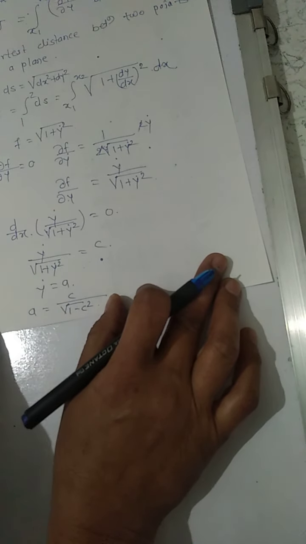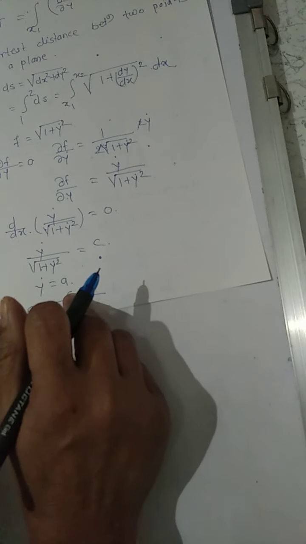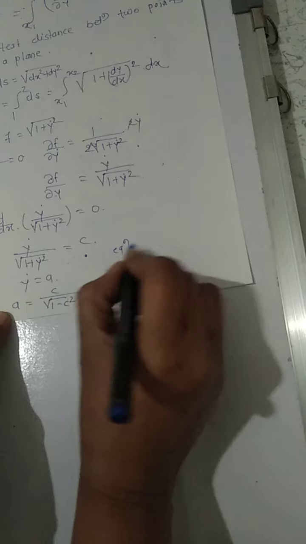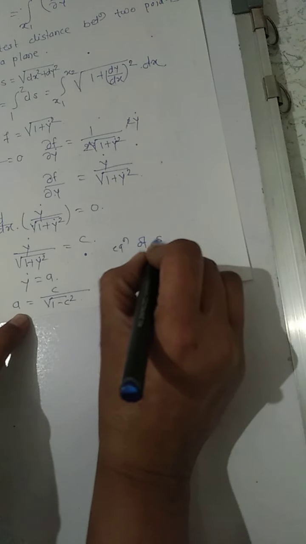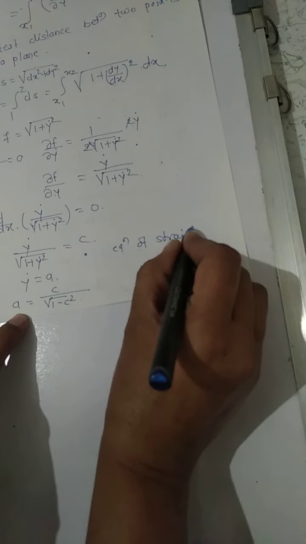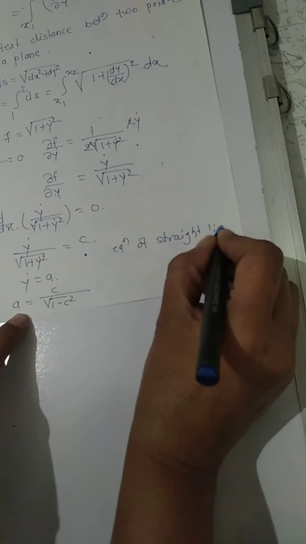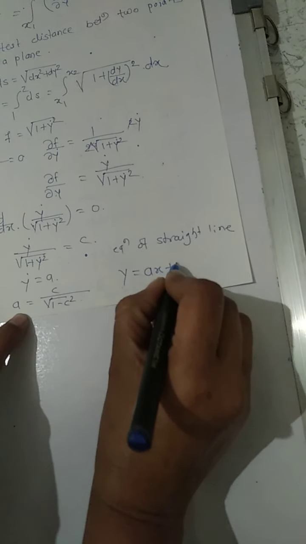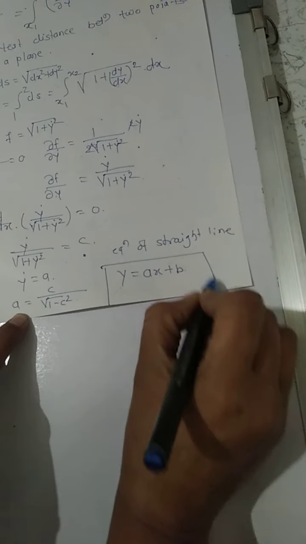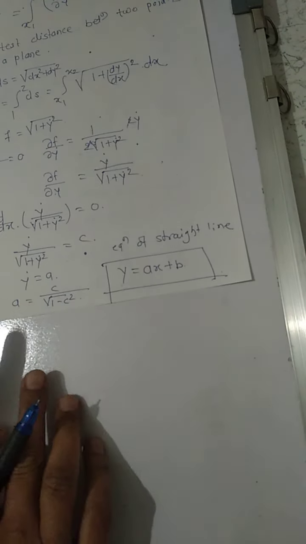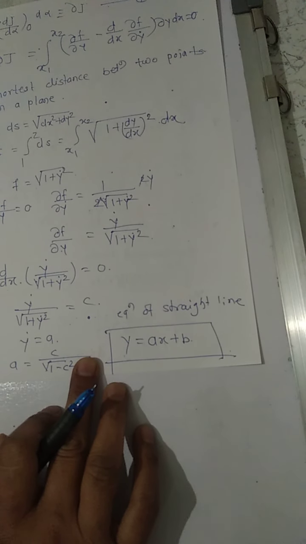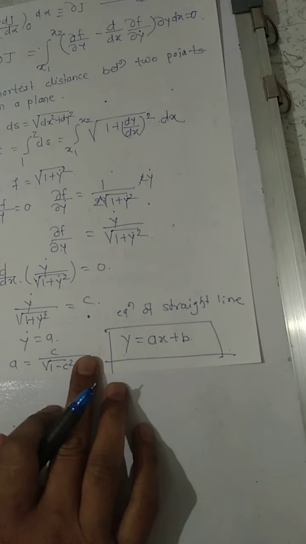But this is clearly the equation of a straight line, and the equation of the straight line is y is equal to ax plus b. This is the equation of the straight line. This is the first example, the shortest distance between two points in the plane.